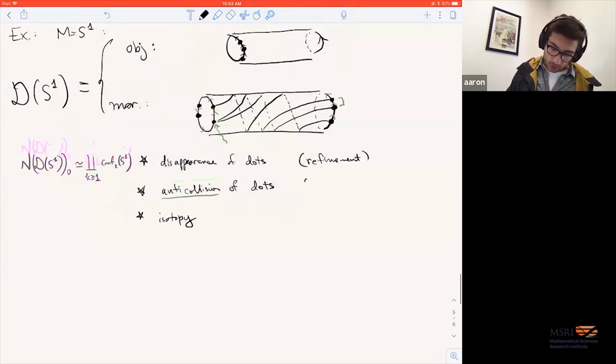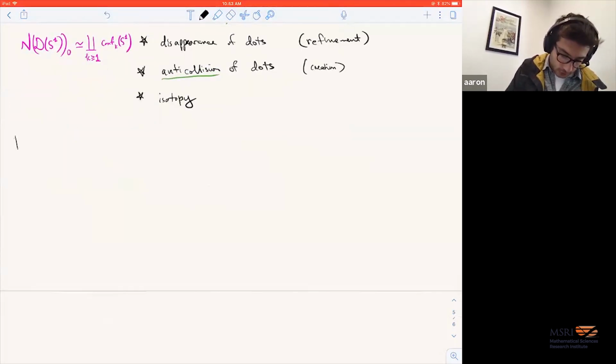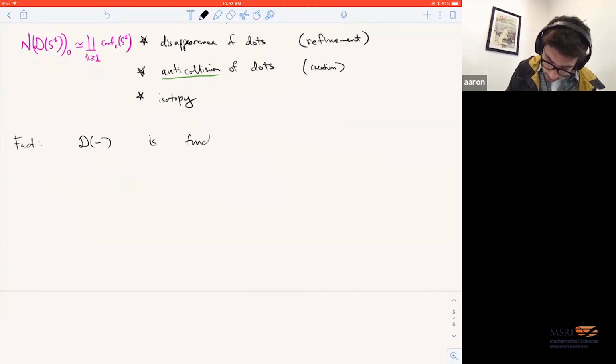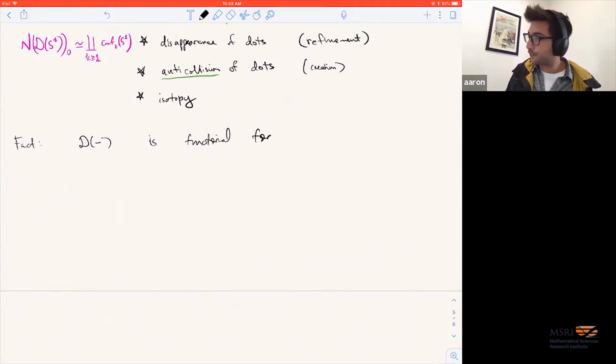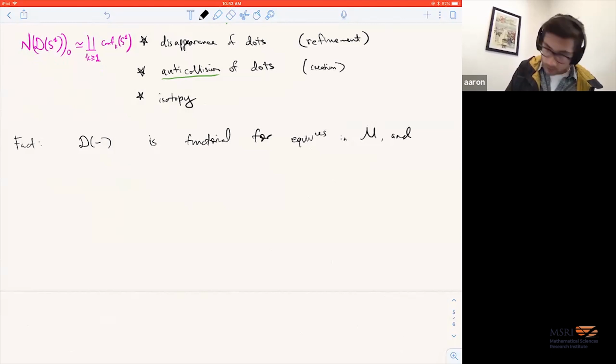Okay, so here's a fact: this construction D of is functorial for, first of all, equivalences in M, and in fact, more generally, contravariantly functorial for covering maps.